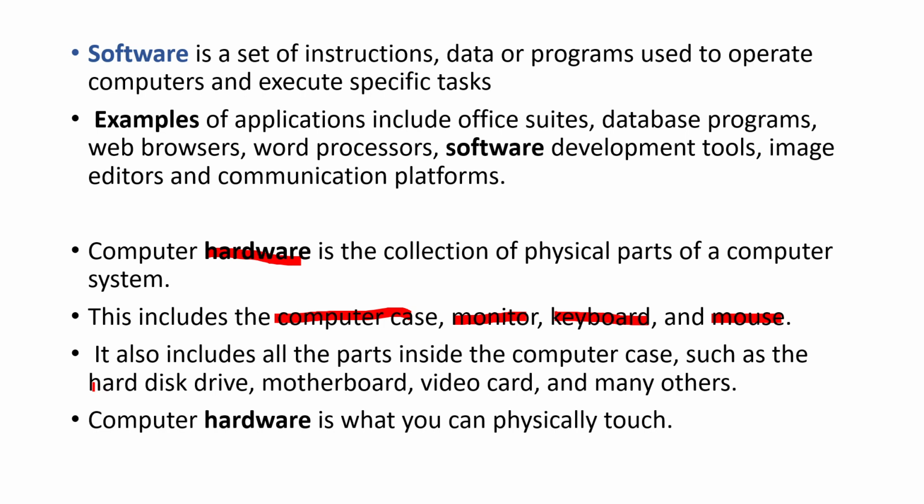Like inside the CPU you will get hard disk drive, motherboard, video cards, and many other things. These are the things which we can touch. These are the physical parts of the computer. So all the things which are touchable and feelable, the physical parts, are known as hardware.